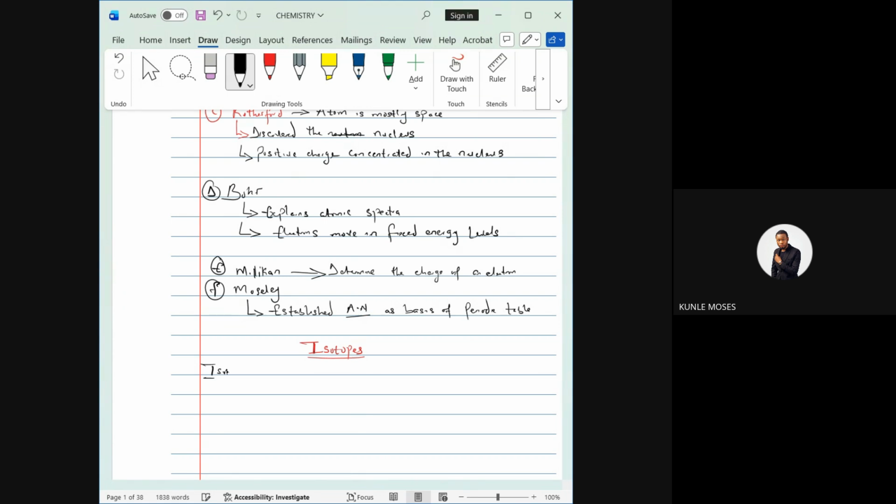Sincerely, I shouldn't be writing for you because it will make us slow. Isotopes are atoms of the same element with the same atomic number, AN, but different mass number, MN. They have different mass numbers, but the same atomic number.